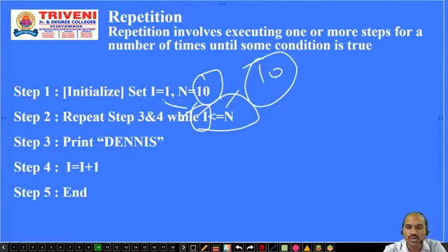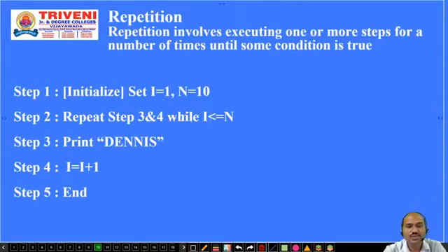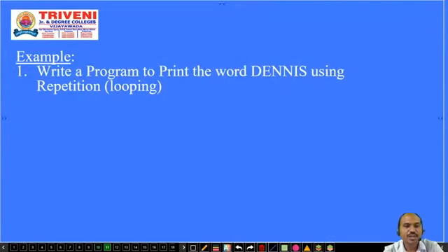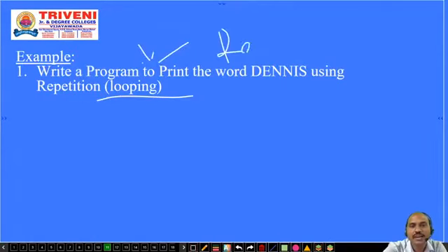After going to the 11th time the loop exits. The printf is executed and the increment continues for the 10 times. Finally the program executes. In the same way we write the program for printing Dennis Ritchie, using the looping statement, because the looping statement is for the repetition algorithm.